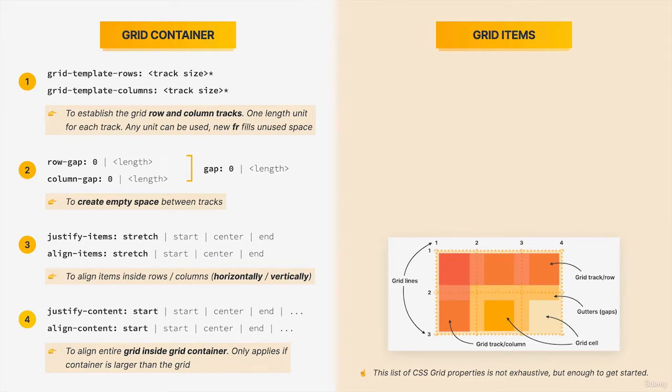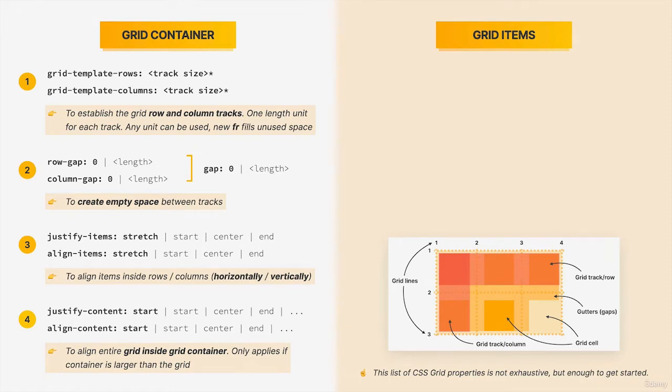So there is actually a huge amount of CSS grid properties, but we will not talk about all of them here in this course, because that would just be too confusing for beginners. This course should be comfortable for you as a CSS beginner, and therefore we are not going to overcomplicate things too much.